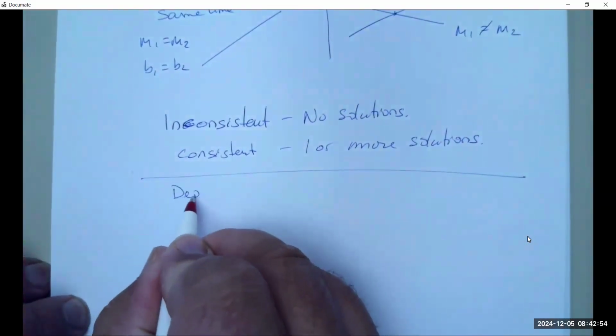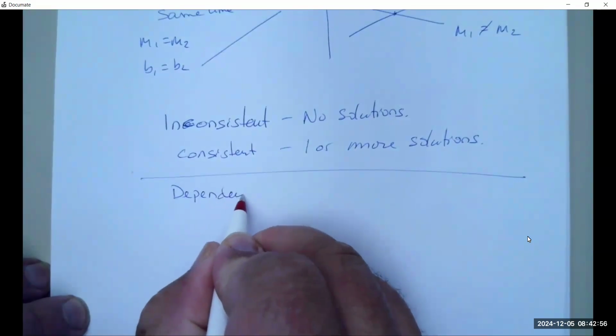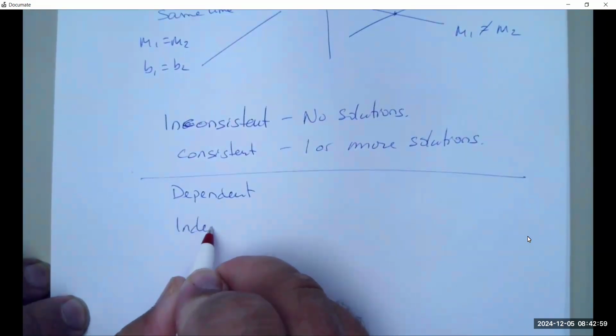Then we look at the concepts of dependent versus independent.